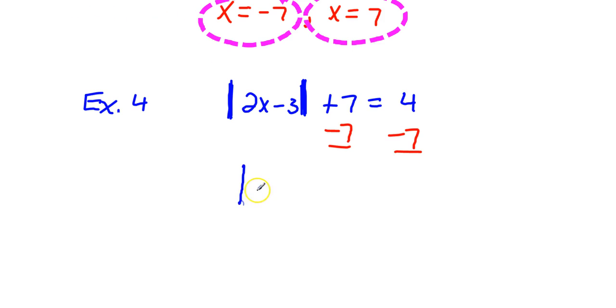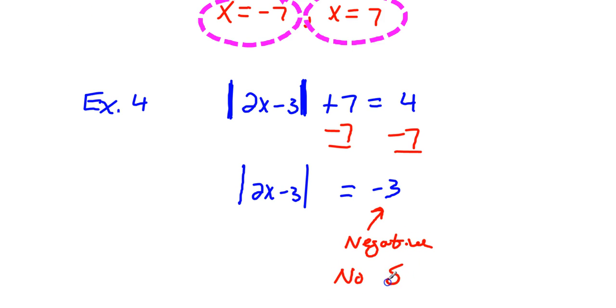So you've got the absolute value of 2x minus 3 equals negative 3. Okay, and there's your checkpoint. If that number is negative when you get the absolute value by itself, you stop and say, all right, no solution.